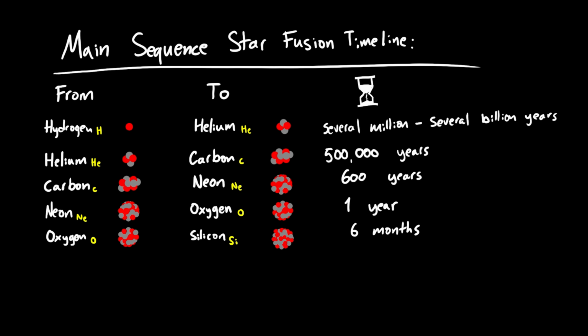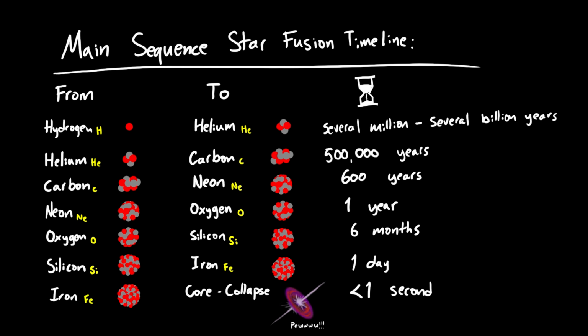Oxygen fuses into silicon within 6 months, and then within a day, silicon fuses into iron, and no more nuclear fusion can take place. This is when the star meets its death. Since there's no more nuclear fusion to keep the core of the star expanding outwards, gravity wins, and in a fourth of a second, the core of the star will collapse into a sphere roughly 6 miles wide.